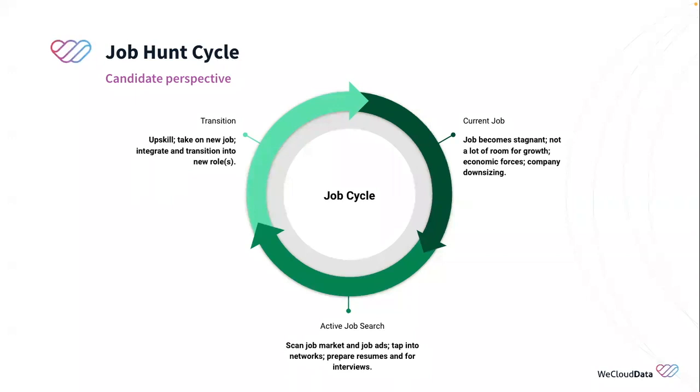Maybe you just happen to bump into a really great opportunity which aligns with your career goals and objectives, like we were talking about, your holistic, bigger roadmap. And maybe that's why you're going to go from one phase or stage of your job cycle and jump into the next one, which is the active job search phase.